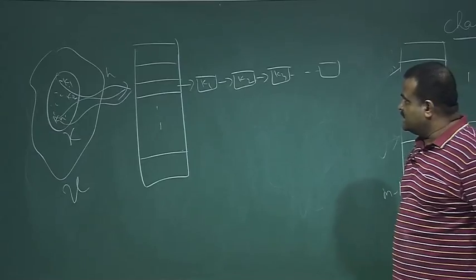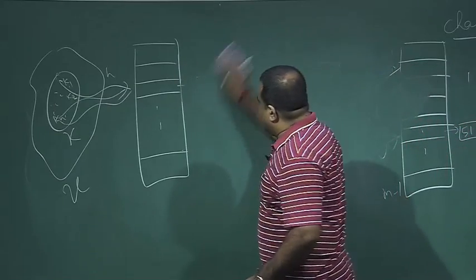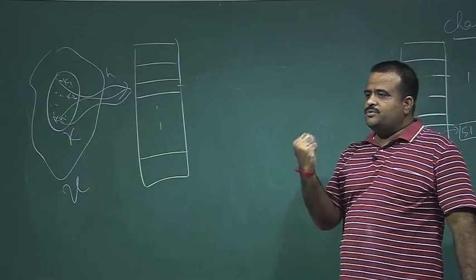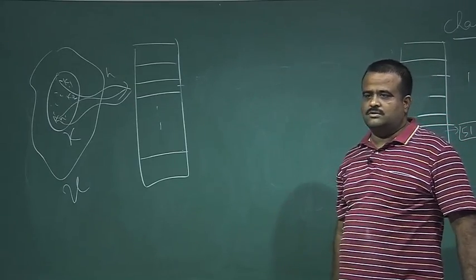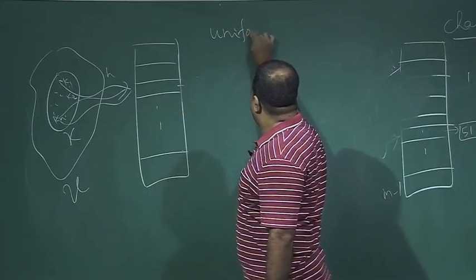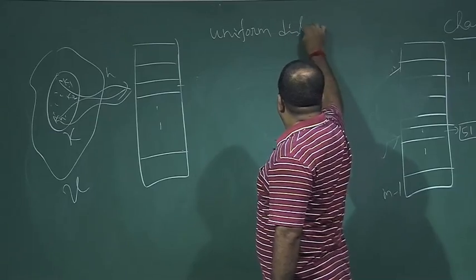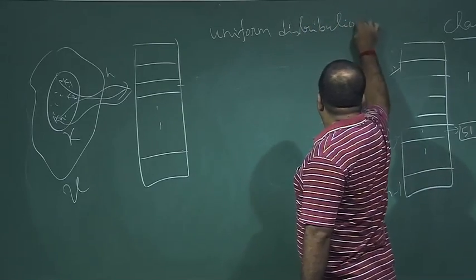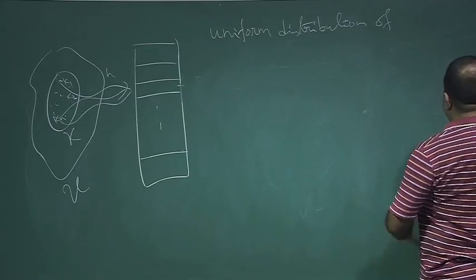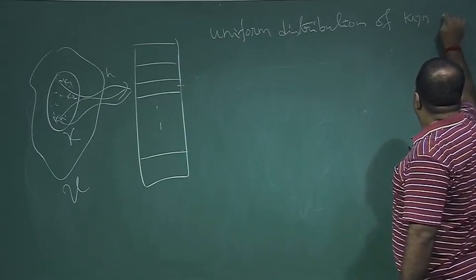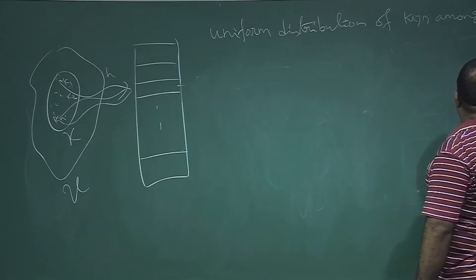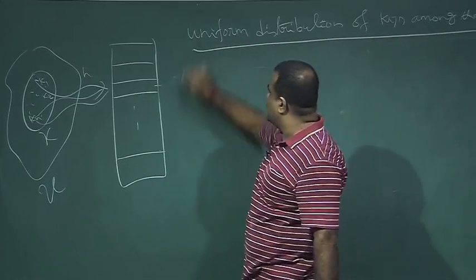That is the worst case, but we assume our hash function is a good hash function, in the sense that it distributes the keys uniformly among the slots. If there is uniform distribution of the keys among the slots, then we call our hash function a good hash function.